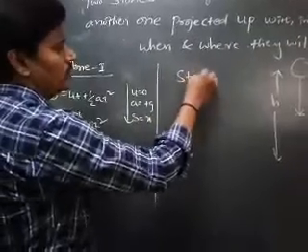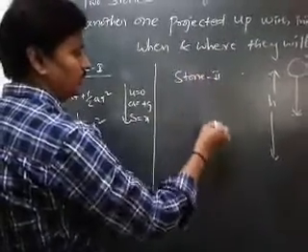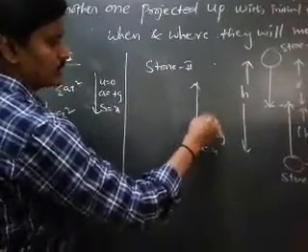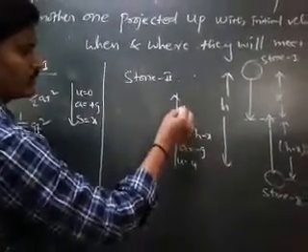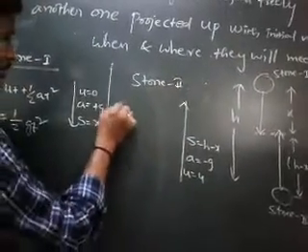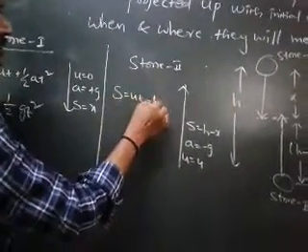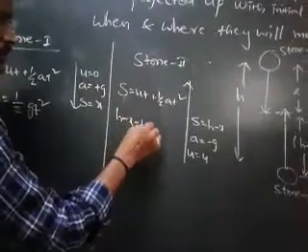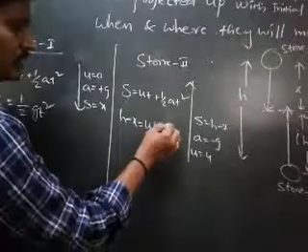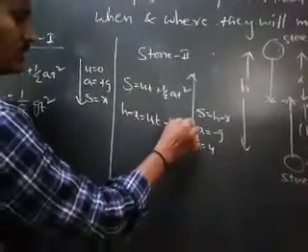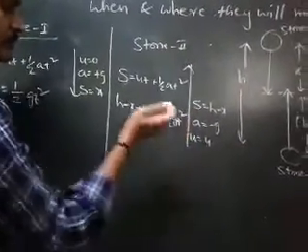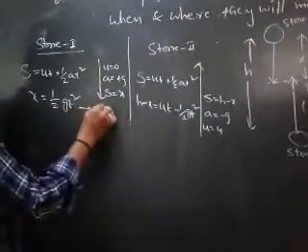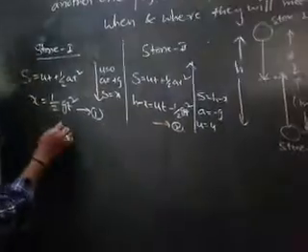Stone 2 is projected up, u, a is minus g, and the displacement is h minus x. So h minus x is equal to u t minus half g t square.